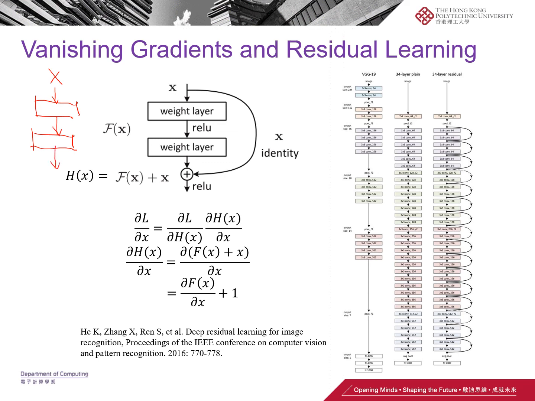Then you have an output at the end. Let's call it f(x), because these layers are actually learning a function mapping x to a feature map. So in a traditional CNN, we are actually learning a mapping of x to the feature map directly.